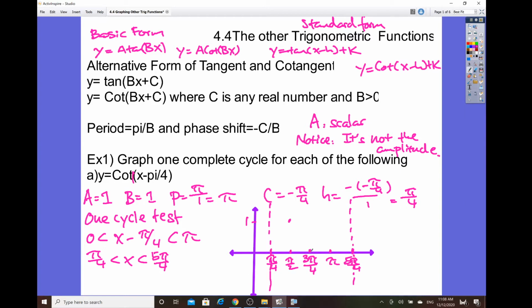Then down here it's 0, and then all the way down here it's negative 1, because cotangent is an odd function. For those three dots, just connect them. This is kind of like a reflected cubic curve, but with the vertical asymptotes. So the graph goes like this.